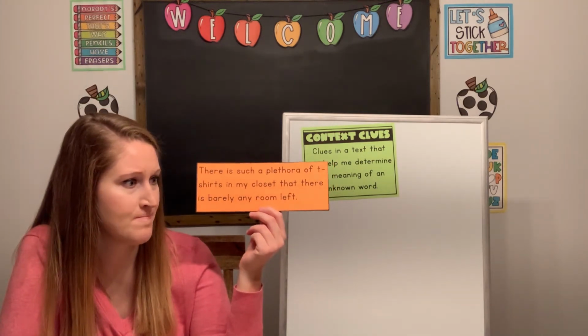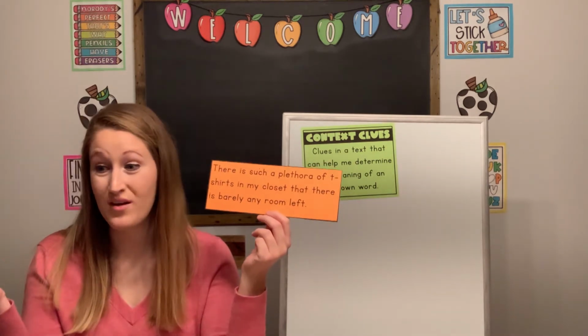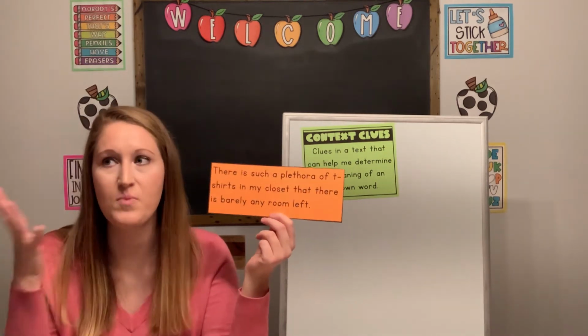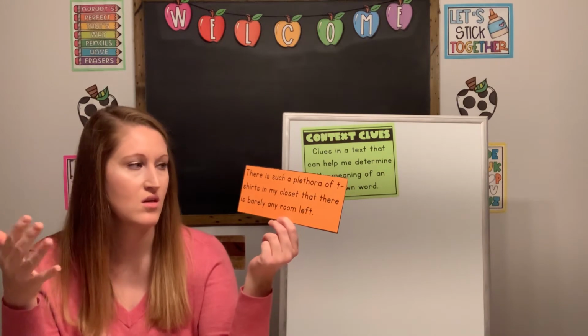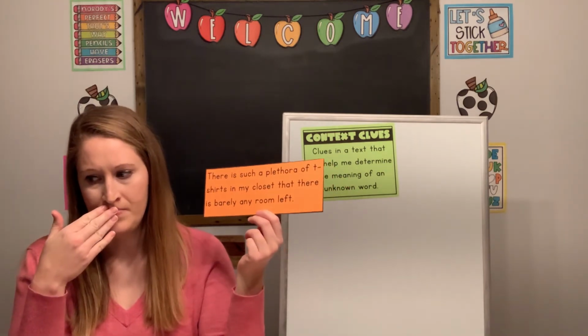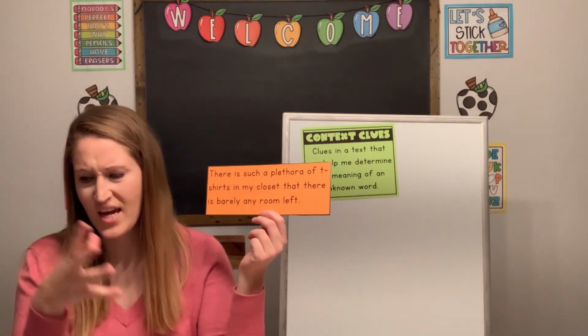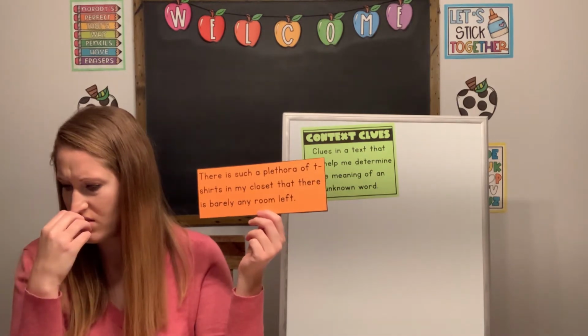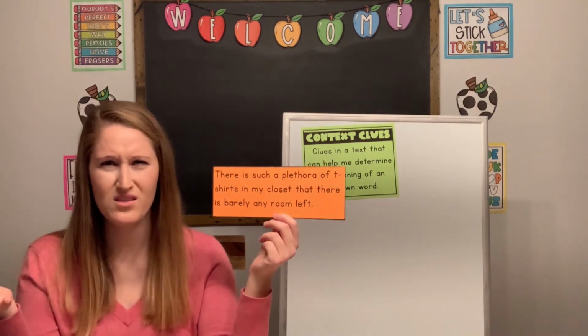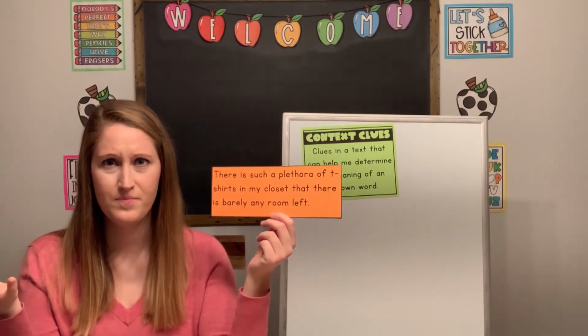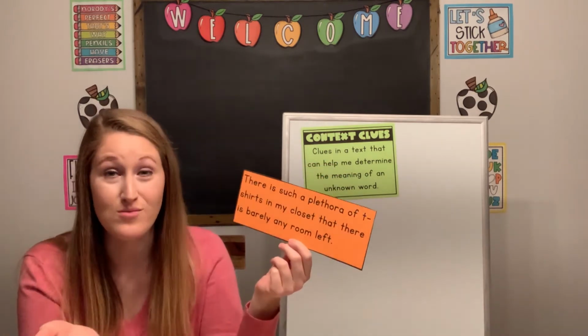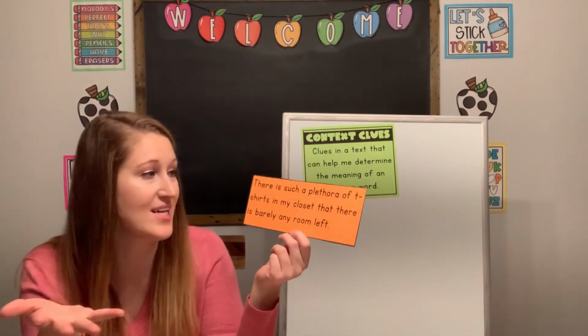Well, if there's not a lot of room left, right, that means that lots of space is taken up by these t-shirts. And if the t-shirts are taking up a lot of space, how many do you think there are? A lot, right? A ton, so many.